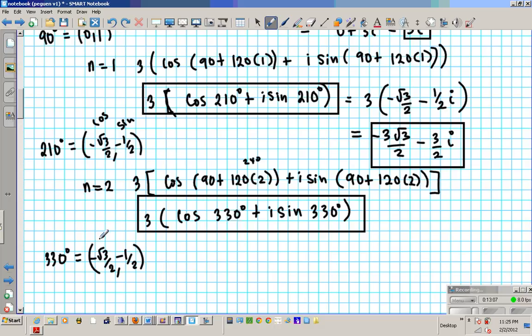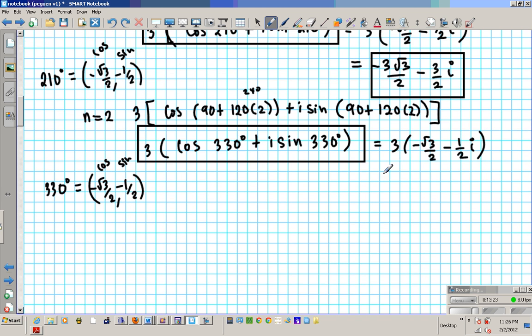Remember, this is a cosine and this is a sine, so we're going to apply that here. So it's going to become 3 times negative root 3 over 2 minus 1 half i, like that. Okay? Alright, so distribute 3 to everything. Oh, wait.